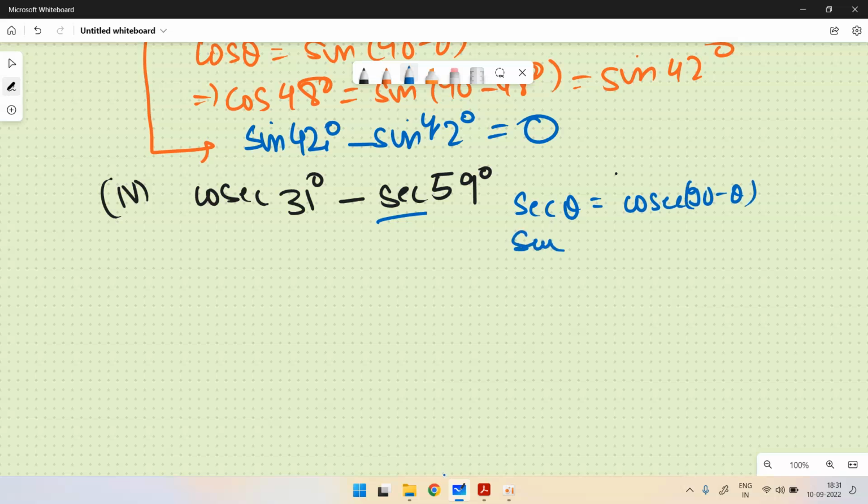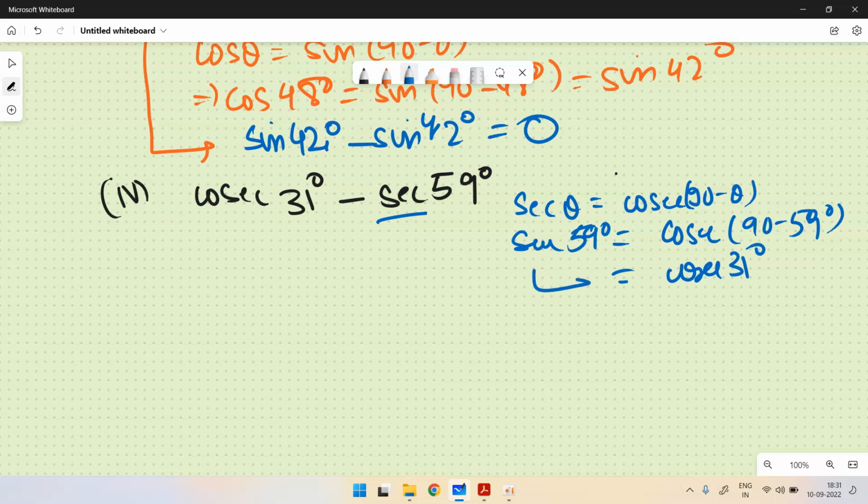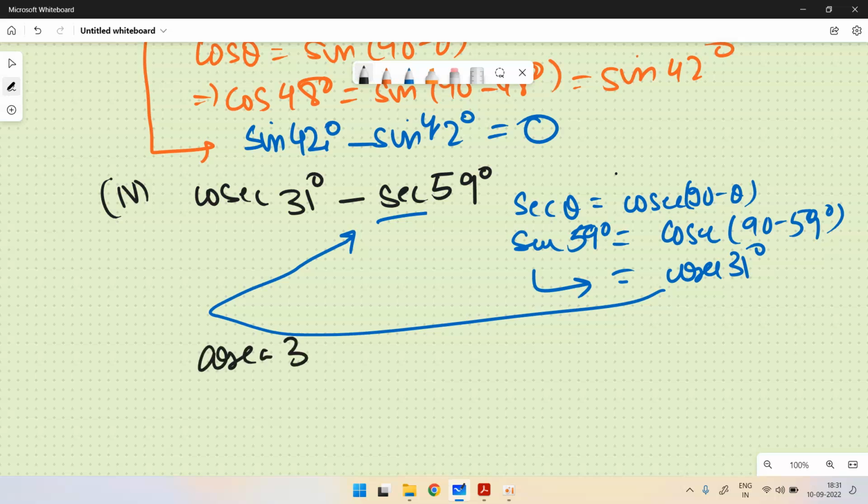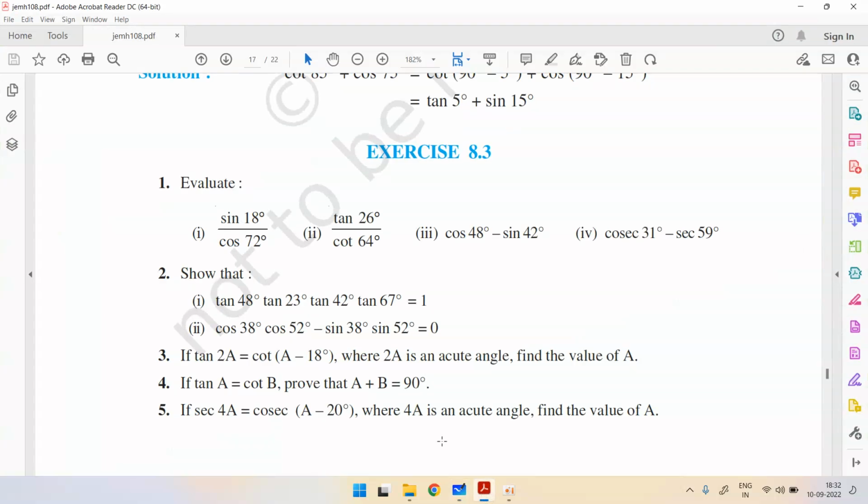If I substitute the value of theta as 59 degree, this becomes cosecant of 90 minus 59 degree, so it's nothing but cosecant of 31 degree. Now if you substitute this value of cosecant here, the expression becomes cosecant 31 degree minus cosecant of 31 degree, the two get cancelled.